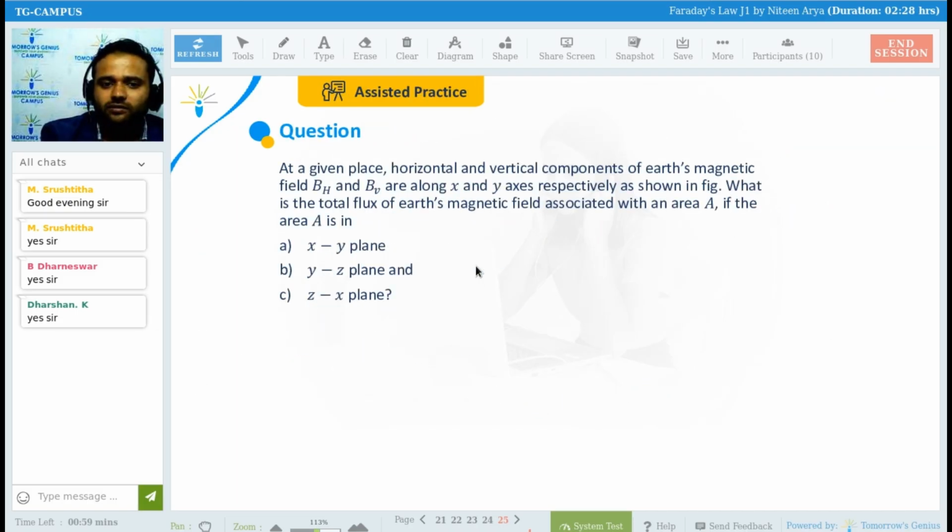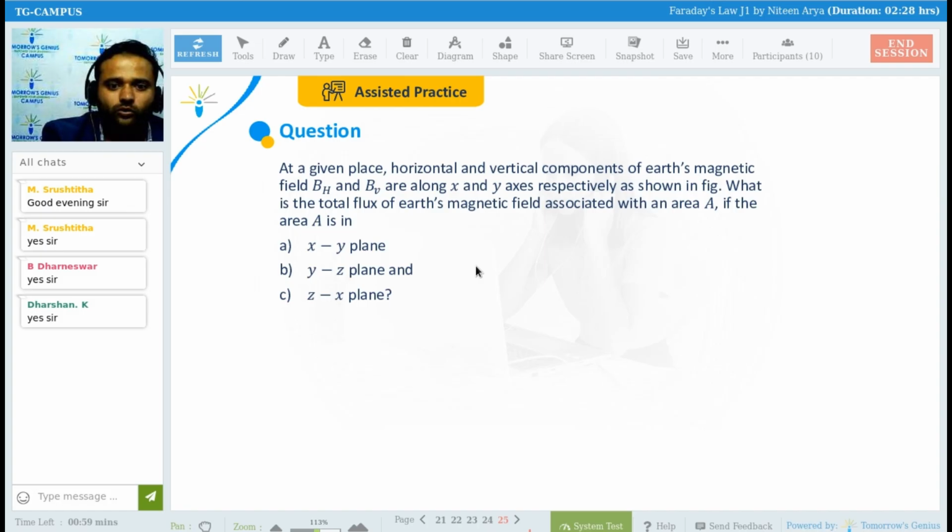So there is one question, do that. Very simple. At a given place, the horizontal and vertical components of Earth's magnetic field are BH and BV, as we did in the previous chapter, along X and Y axis respectively; the figure is not given.